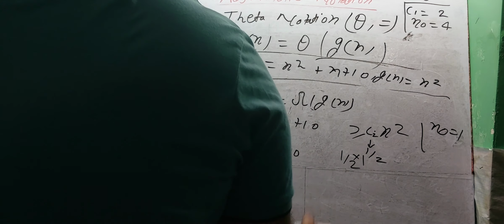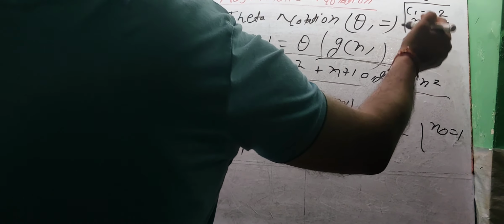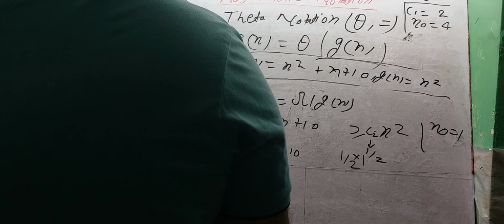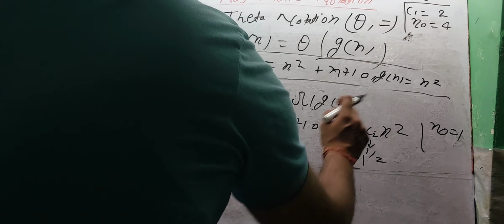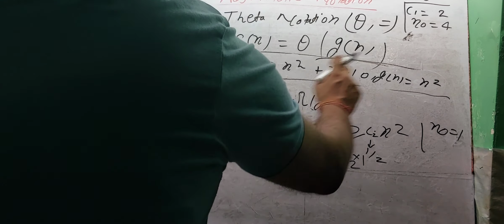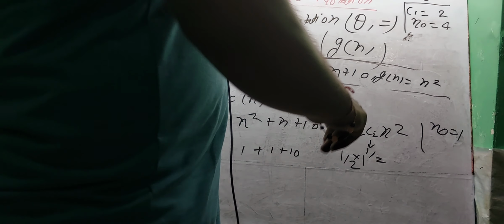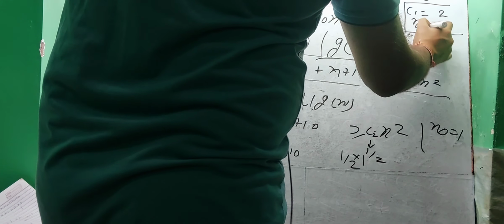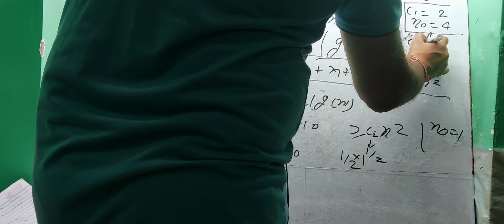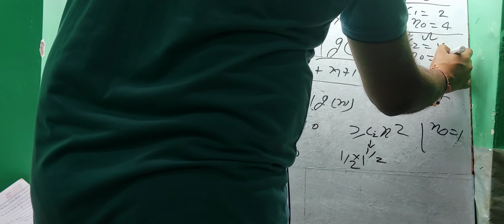So if we take n naught equal to 1, then this condition holds true for the given example. So in omega c2 equals 1 by 2 and n naught equals 1.